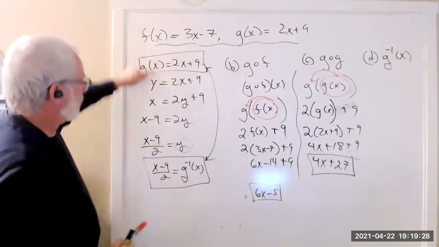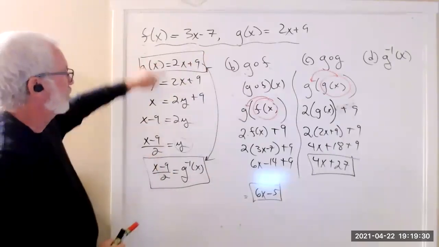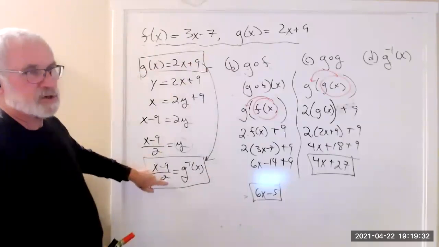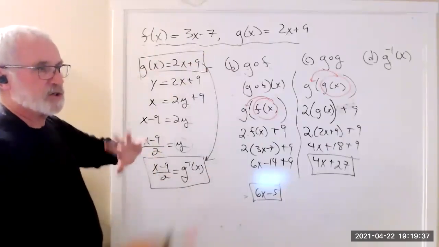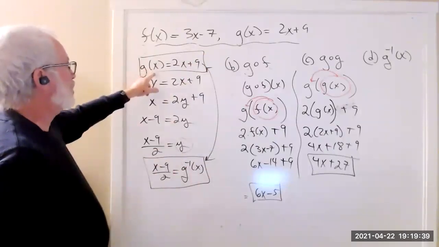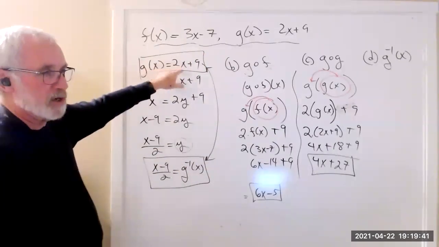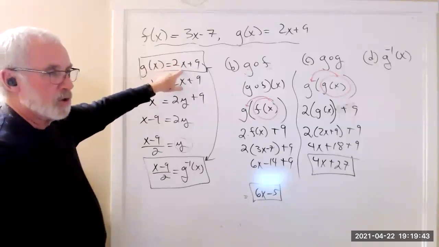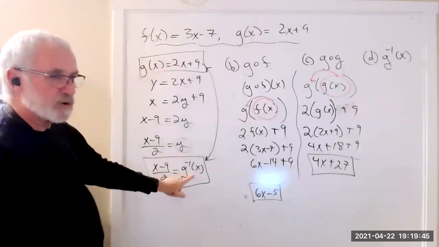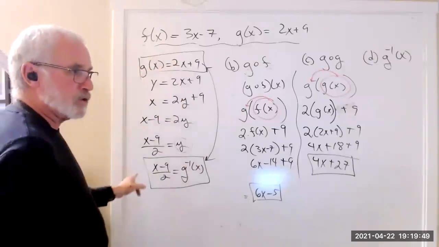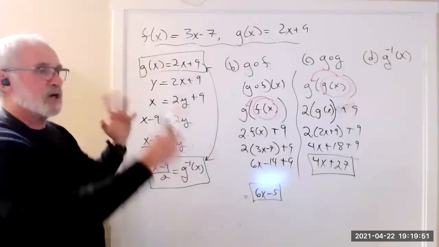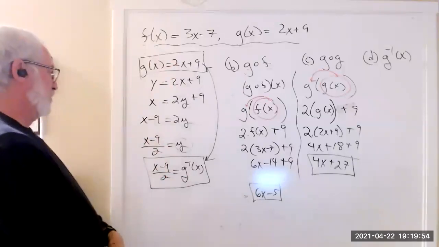They are actually related to each other, okay, because they're the inverses of each other. And the point of an inverse is to cancel out. If G changes a number according to this rule, then G inverse takes the changed number and changes it back to the original number. So G inverse undoes the change.